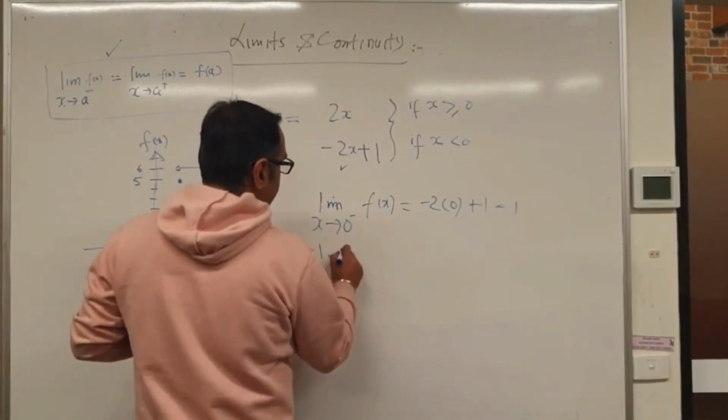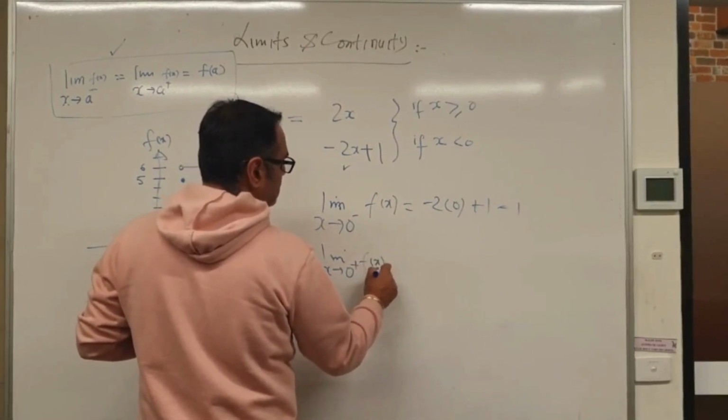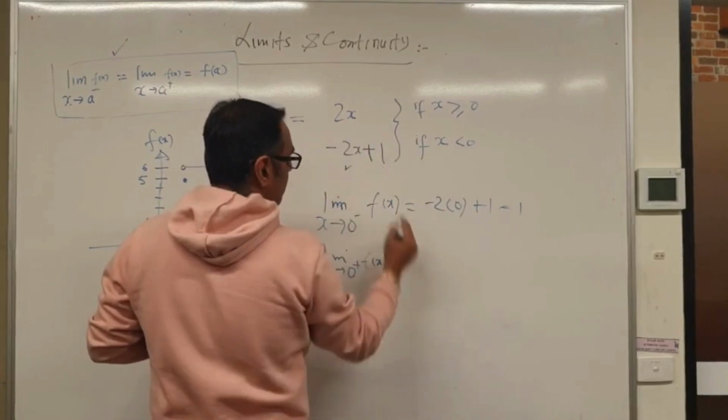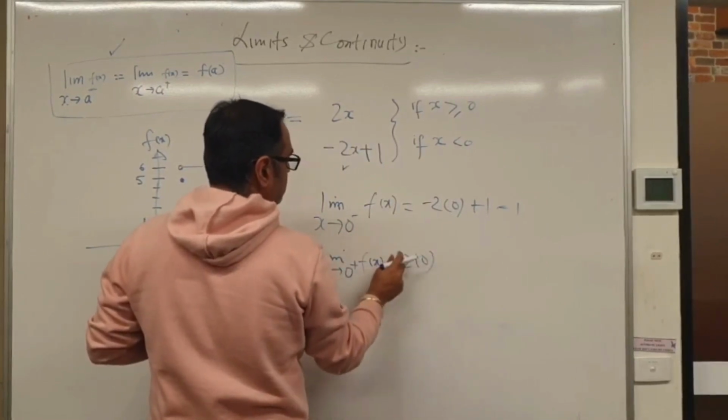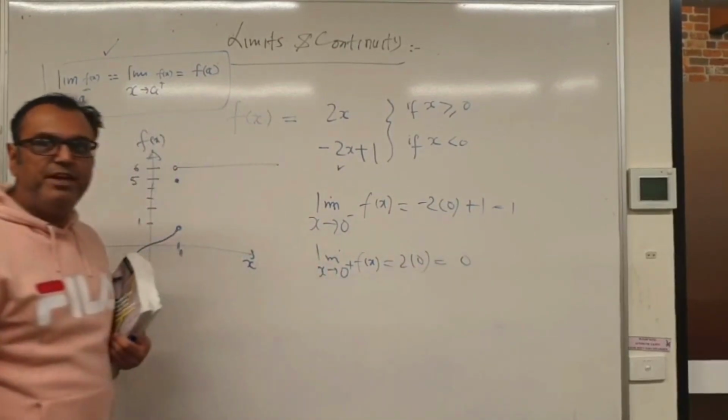And then limit as x tends to 0 positive of f of x equals 2 times 0, which equals 0 straight away.